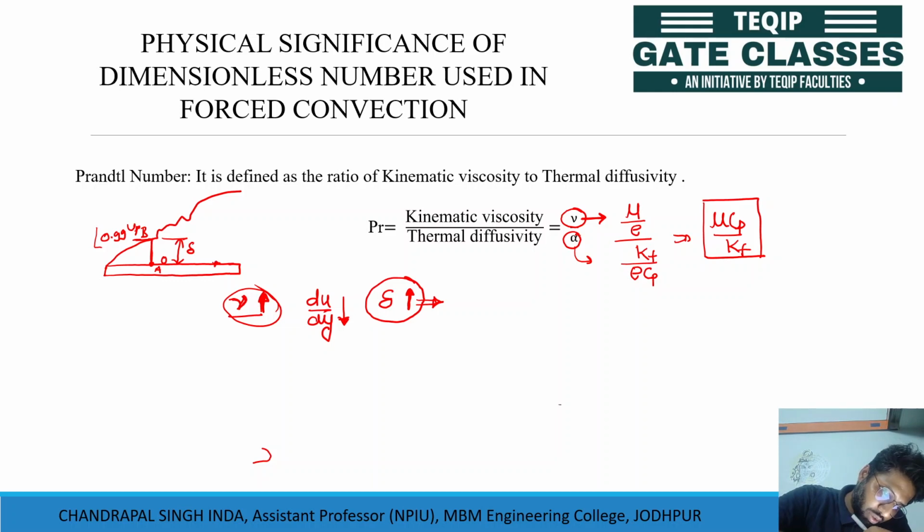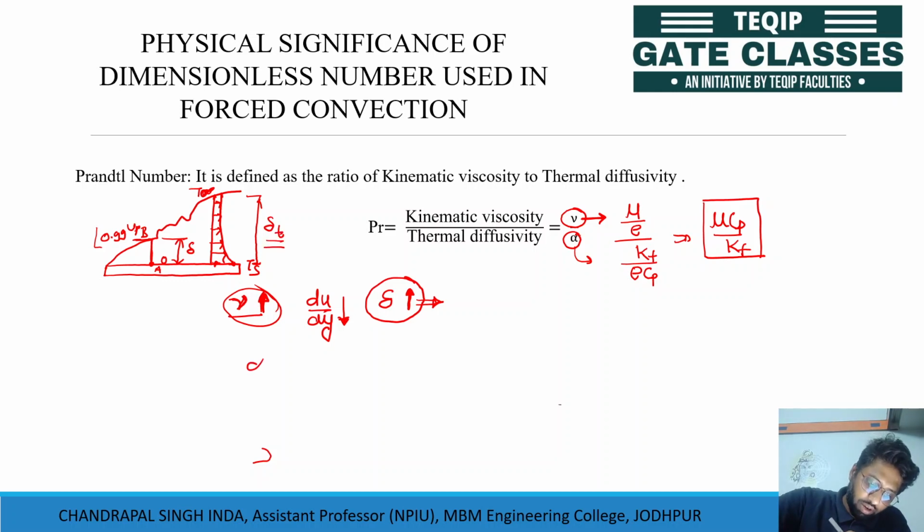From this point to this point the temperature gradient is there, as there is a temperature Ts and a temperature T infinity, meaning outside this boundary the temperature is T infinity. So heat transfer takes place only inside this boundary layer region. The temperature goes from Ts to T infinity. This region is the thermal boundary layer, denoted by the thermal boundary layer thickness delta T.